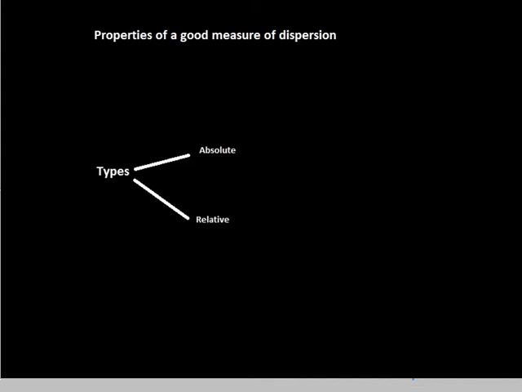Okay, so now let's look at what are the properties of a good measure of dispersion. Now, dispersion is what? Dispersion indicates the extent of scatteredness of all individual items around a measure of central tendency, that is your mean, median, mode. A good measure of dispersion thus should possess all the characteristics of a good average.